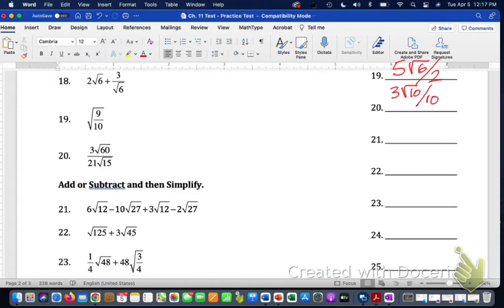Okay, next one. Oh, this is a lot easier than it looks. So 3 goes into 3 once and into 21 7 times. We simplify our non-radicals. Now, 60 divided by 15: 15 goes into 15 once, and 15 goes into 60 4 times.